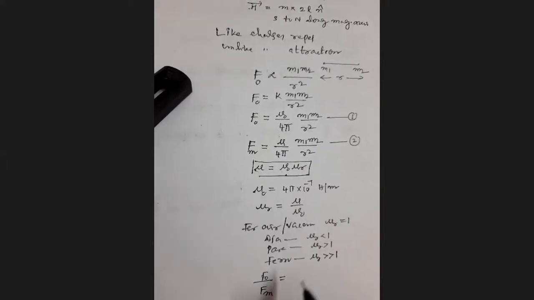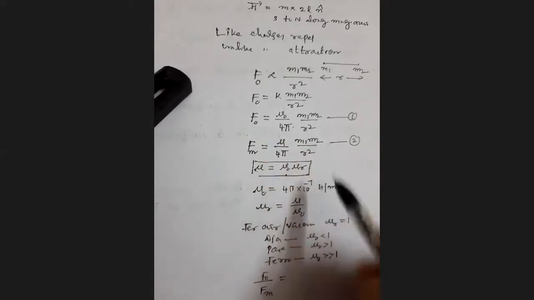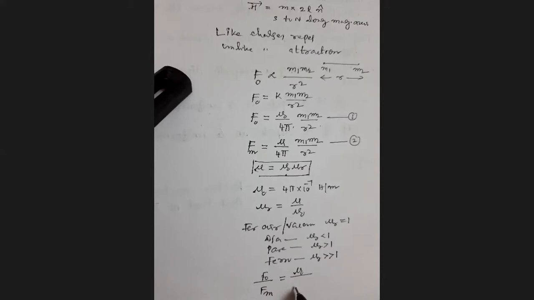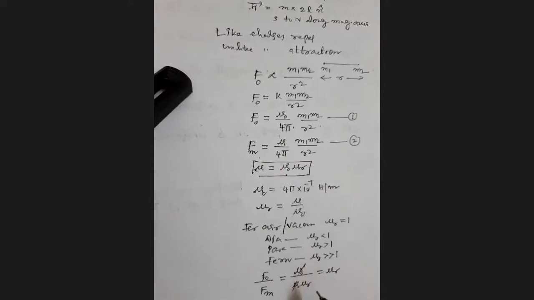From equations 1 and 2, we can write F naught by Fm equals mu naught by 4 pi m1 m2 by d square divided by mu by 4 pi m1 m2 by d square. But mu is mu naught mu r, so F naught by Fm equals mu naught by mu naught mu r, which is 1 by mu r.